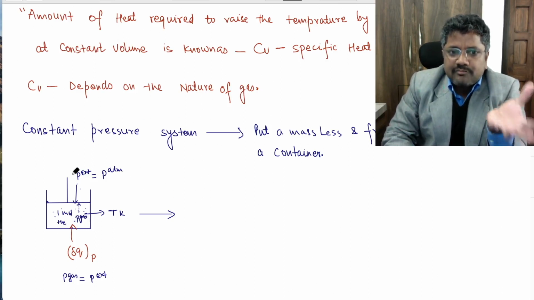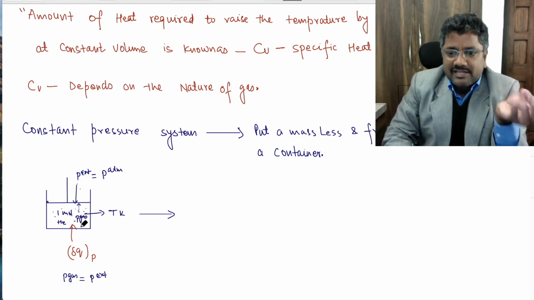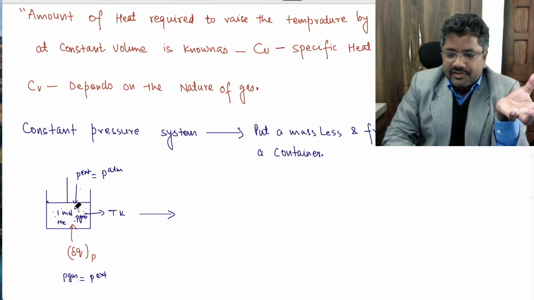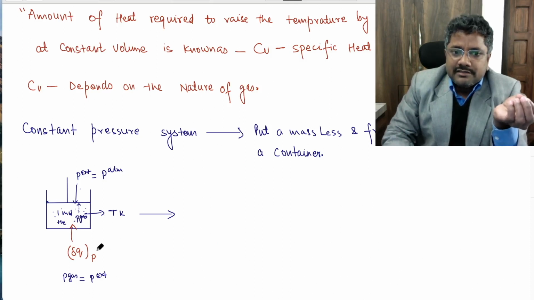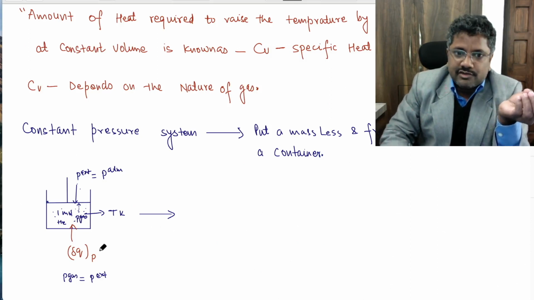This will push the piston above, because pressure increases, temperature increases, but since this piston is massless and frictionless, once you put a little heat, this heat will be used in two ways. Whatever heat you are giving, that will be used in two ways.